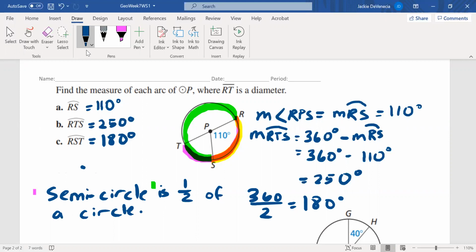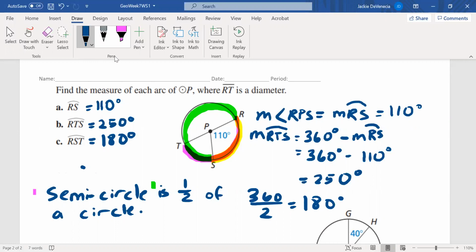Notice how it's really important how I'm naming these arcs, because we have the same letters, the R, the S, and T show up, but because they're arranged in a different way, my arcs are going to look different. So this green arc is a lot different from this pinkish arc.